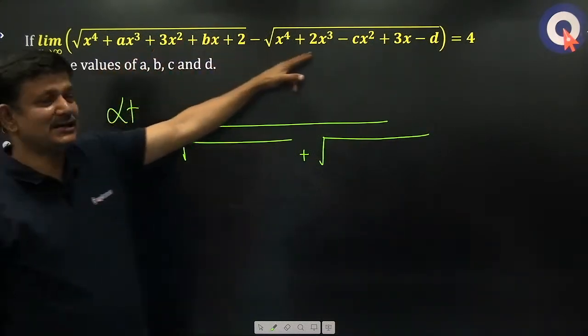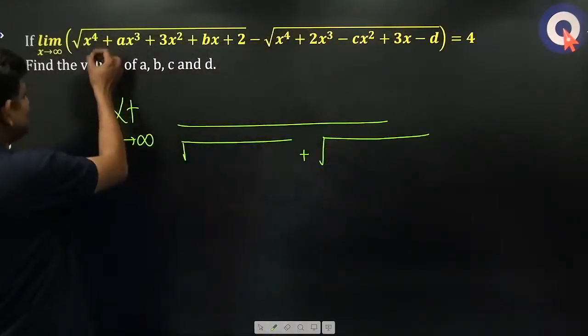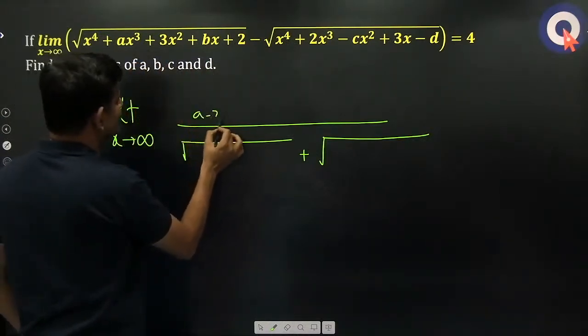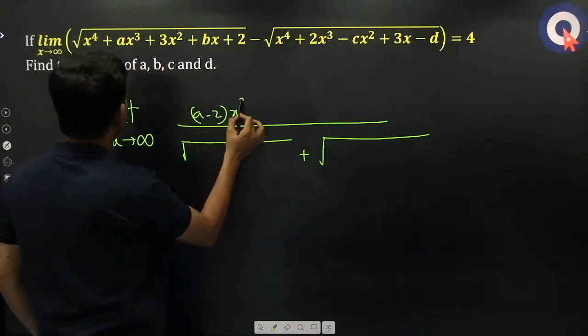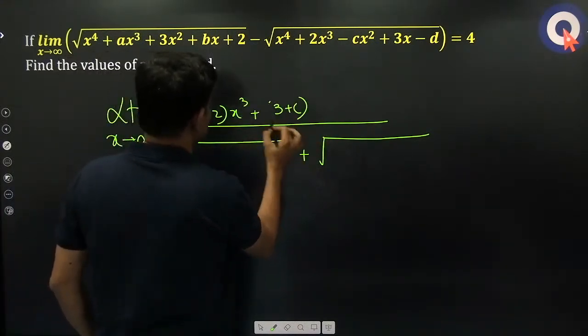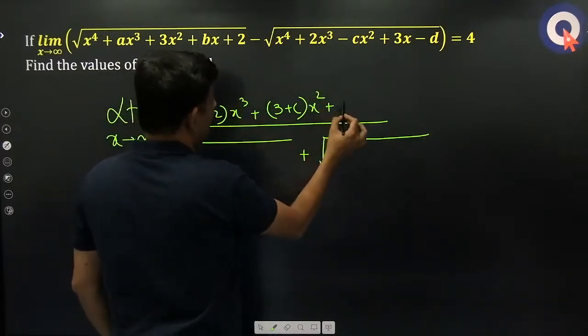Now a square minus b square in the top. A square minus b square in the top. So x power 4 is getting cancelled. Then you have a minus 2 into x cube. Then you have 3 minus c is 3 plus c into x square plus x term is what?